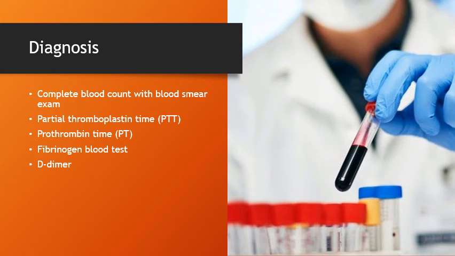Prothrombin time is a blood test that measures the time it takes for the liquid portion or plasma of your blood to clot. The fibrinogen blood test measures the fibrinogen found in the blood. The D-dimer blood test is done to check for clotting issues, which is usually used to see if treatments for DIC are working or not.